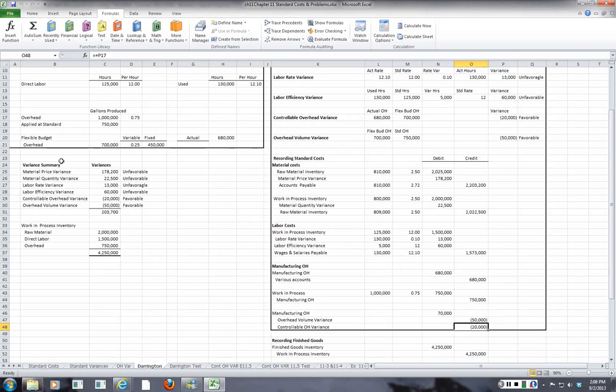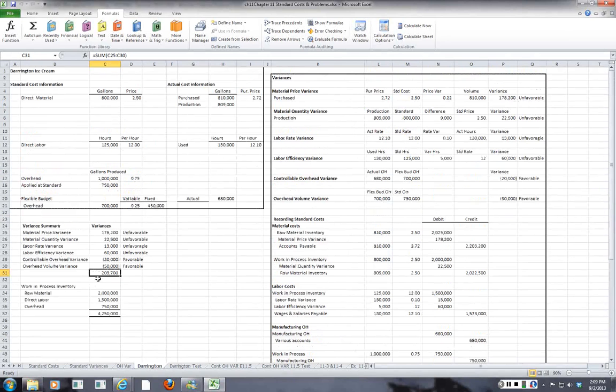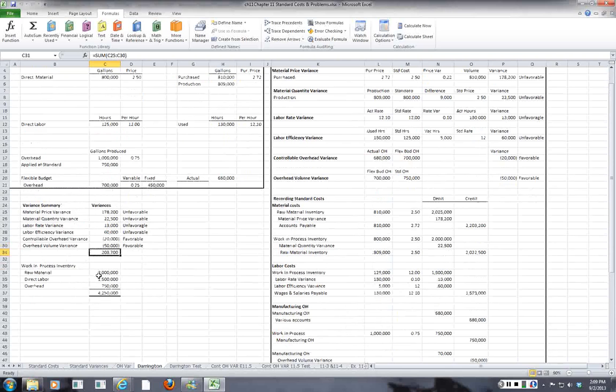What's interesting also is that all those variances are over here. 178,000 was that material price variance and so forth. All these variances, which we just went through over here, total $203,000. So at the end of this, let me show you where that comes from.